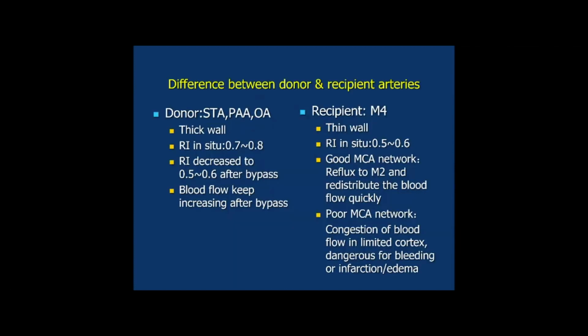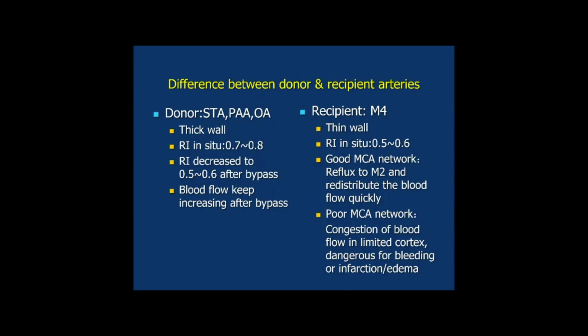So there's a difference between the donor and the recipient artery of Moyamoya. Donor arteries normally have thick walls. The resistance index in situ was 0.7 to 0.8. The resistance index can decrease to 0.5 to 0.6 after bypass.